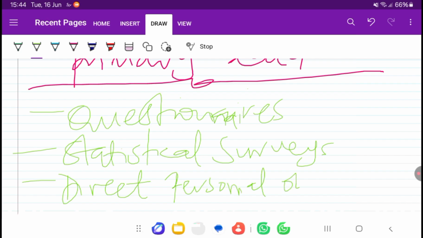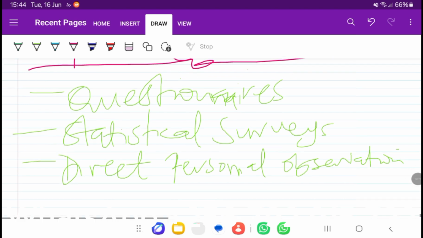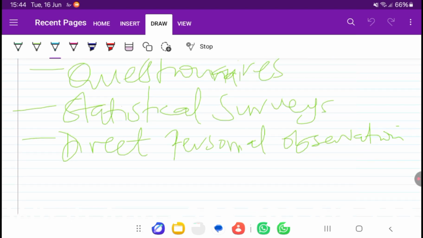Personal observations. Then, of course, the last one, we can have interviews. They could be oral, they could be written interviews, but as long as they are interviews. So these are some of the methods that we can use to collect primary data.